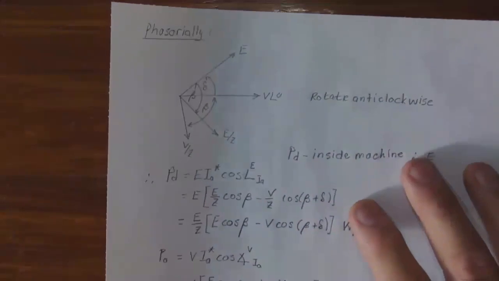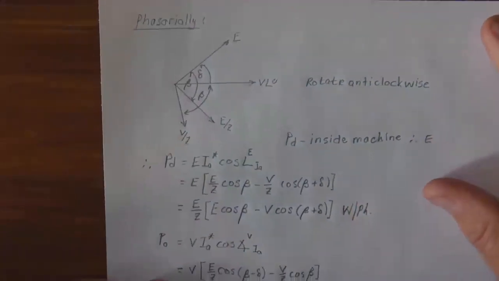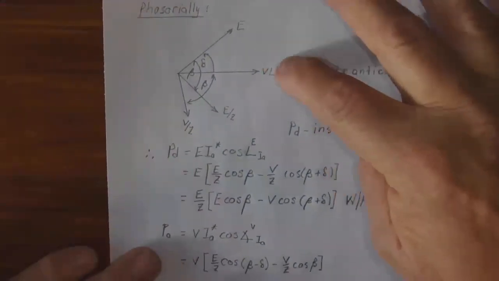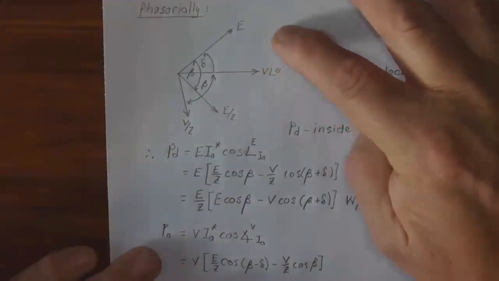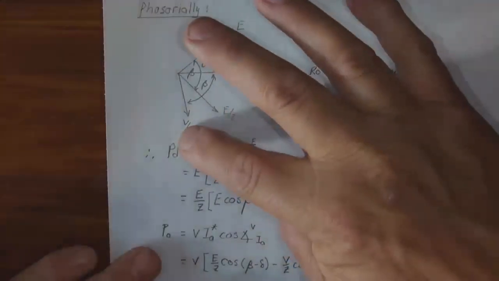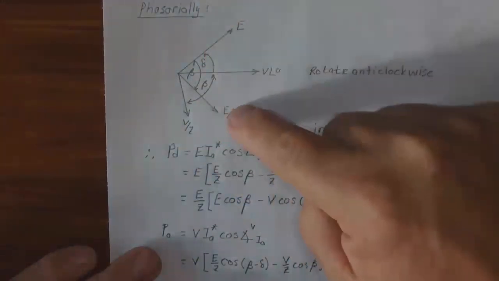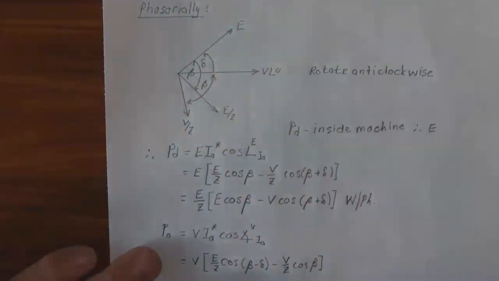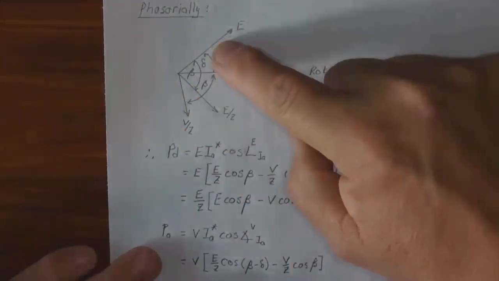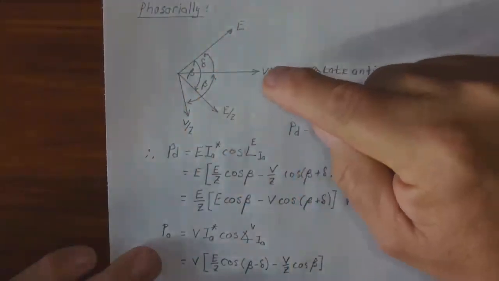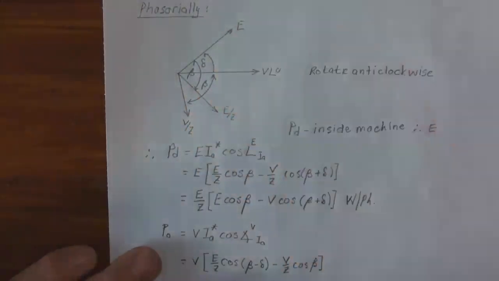Now, if we draw a phasor diagram like that, we have E and V, and then E over Z and V over Z. So E over Z is at an angle of beta, and the angle there is delta. And then V over Z gives us beta there.